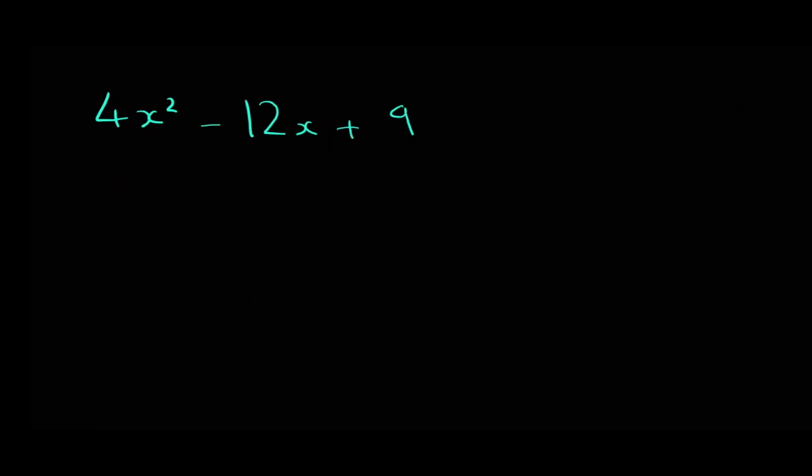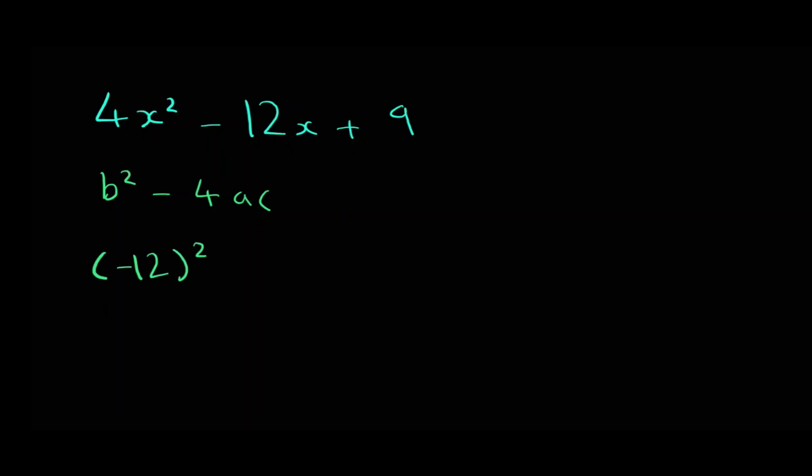What about 4x squared minus 12x plus 9? What's the discriminant? And using that, how many real solutions does this have? Well, once again, the discriminant is b squared minus 4ac.